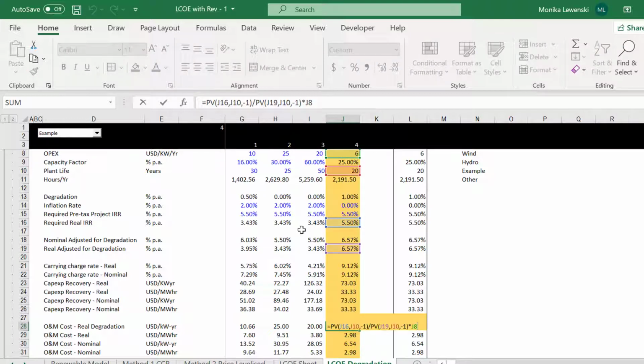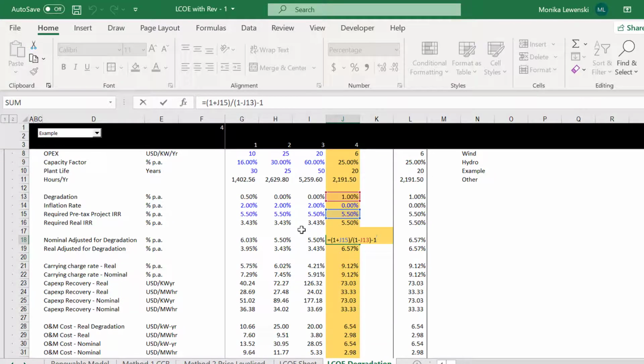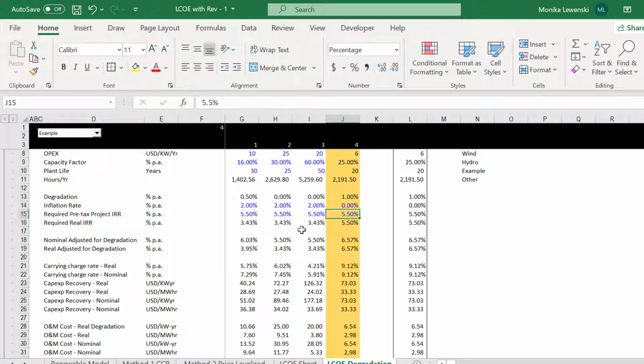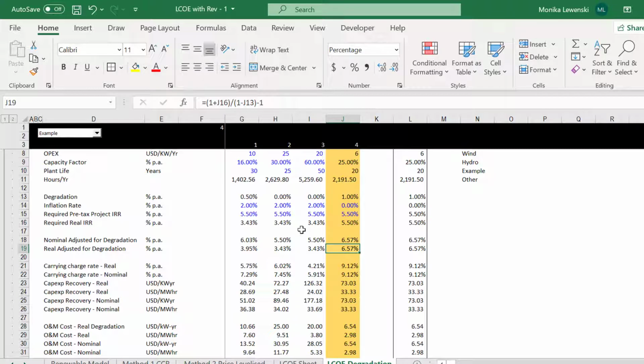And to do that, you need to use the discount rate, where you take the regular old discount rate, just like before when we got the real discount rate. Now I can't show it really, but we said divided by 1 plus the inflation. This time you include 1 minus the degradation in here, just like you did 1 plus the inflation.